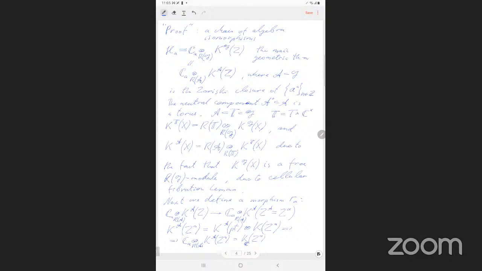Okay, so all in all, we want to obtain a morphism RA from the specialization of equivariant K-theory of the whole Z, the whole variety of triples, to the non-equivariant K-theory of the fixed point set. That's what we want to define, and I will define it on the next page. Okay, so let me rewrite once again.